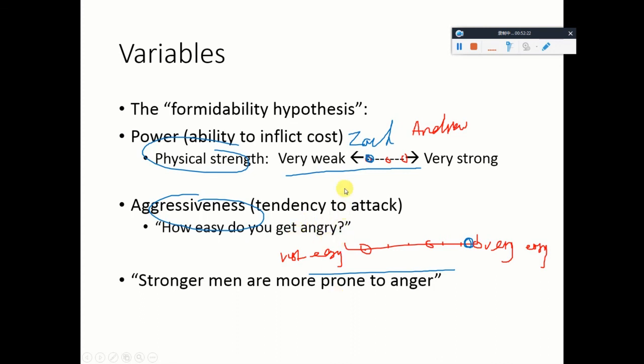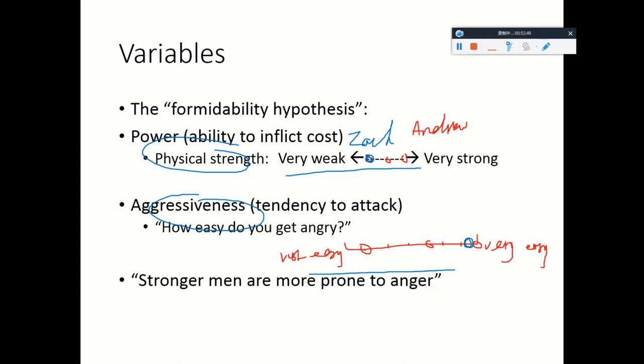And then we talked briefly about the importance of turning constructs or concepts into variables, and how looking at the different values of a variable can help us verify hypotheses like stronger men are more prone to anger.